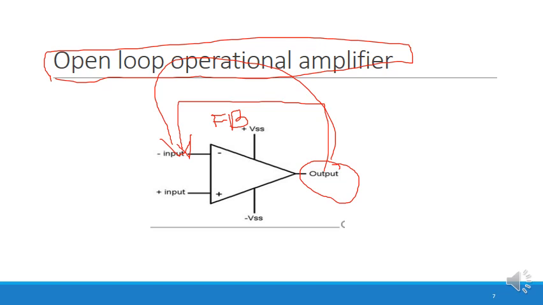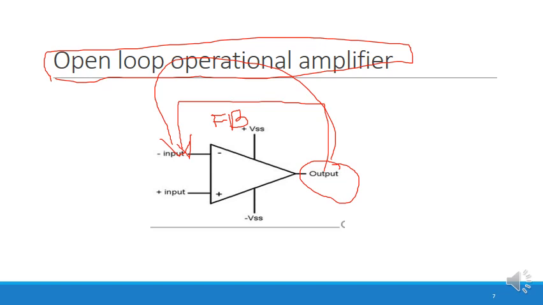Using this, we can define the open loop operational amplifier: if there is no feedback, it is called an open loop operational amplifier. If feedback is not applied to the operational amplifier, then it is called an open loop operational amplifier.